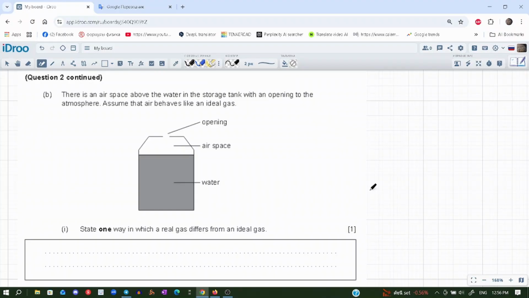So we can say that real gases have potential energy, intermolecular potential energy, but the ideal gas doesn't have. Also, we can say that real gases could be liquefied, but the ideal one cannot be liquefied. We also can say something more about this, but it's already enough to say here. I will not write it down.